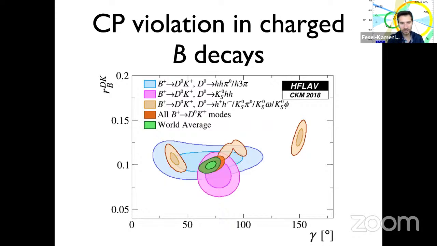And the world average here of all this compendium of measurements is in this plot denoted with the green, small area. And from this one can extract, nowadays, the gamma angle of the CKM triangle to better than 10 degrees or so.